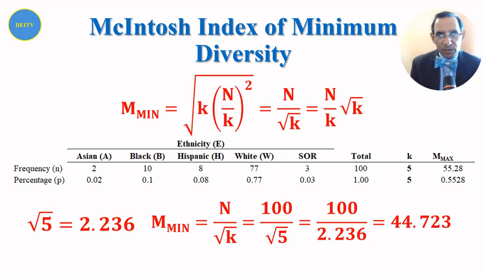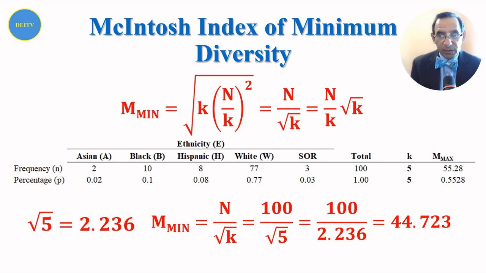Now in the McIntosh index, in this presentation of 1967, McIntosh also calculated a minimum diversity score for the data that is represented by an organization. So to calculate the minimum diversity score that's possible is going to be K times the number of individuals in the organization divided by K squared, and you take the square root of that.